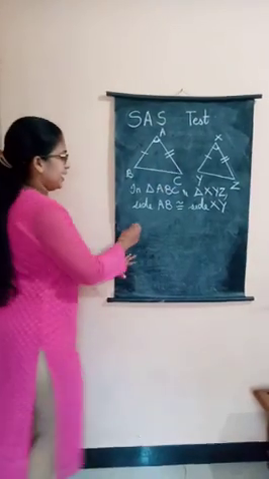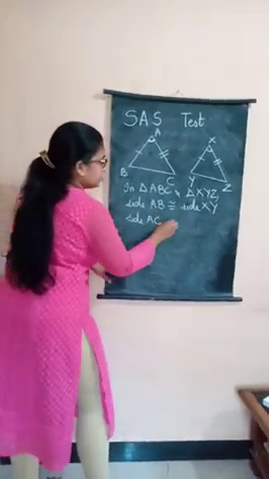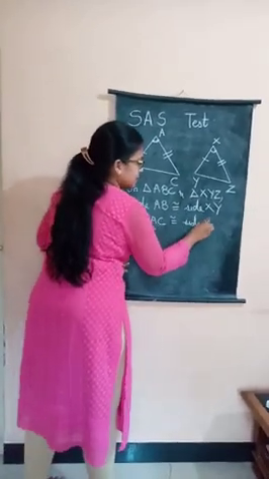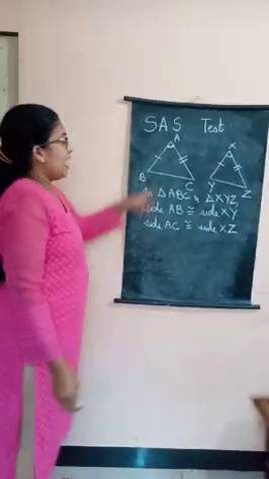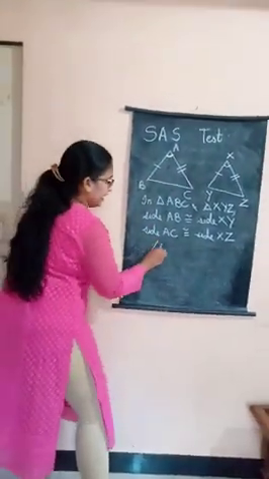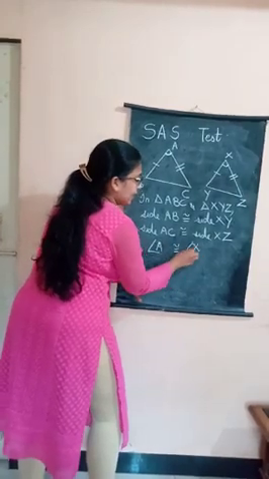The side AC is congruent to side XZ. And the angle between them, that is angle A, is congruent to angle X.